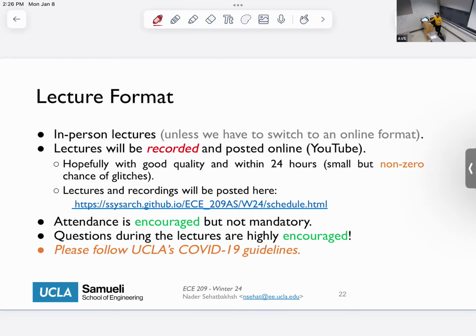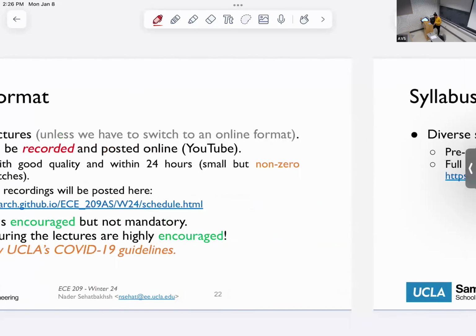But definitely coming to class is helpful because you can ask questions and we can clarify things. And of course, follow UCLA guidelines for COVID. It probably is going to be the last time I'm putting this here, if I don't jinx it. But if we decide to go online, we will go online, and so on and so forth.